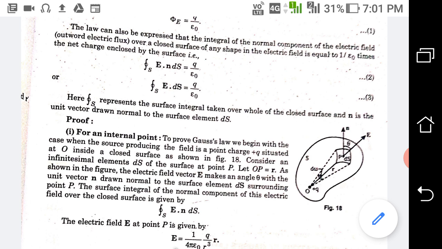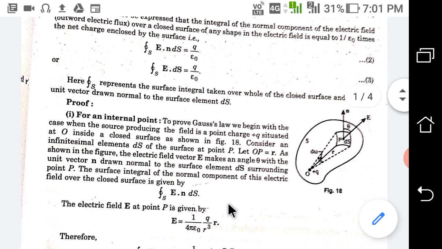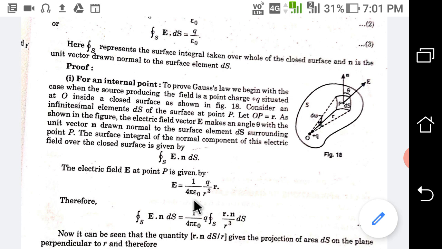The electric field at point P is given by the equation 1 upon 4 pi epsilon naught, Q upon R cube, times vector R.